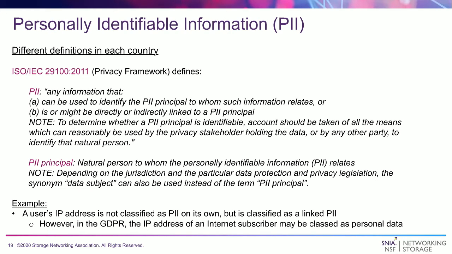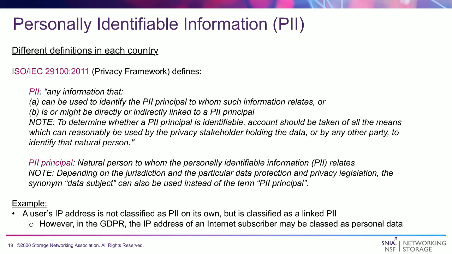From a definitions perspective, and this is actually from ISO 29100, it's any information that can identify directly or link directly to a given person. I'm not going to read the entire definition, but in a nutshell, PII is anything that can link back to a given person.